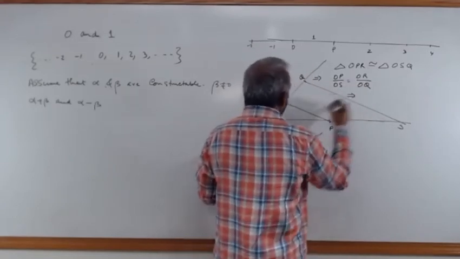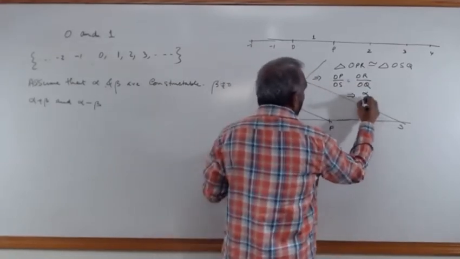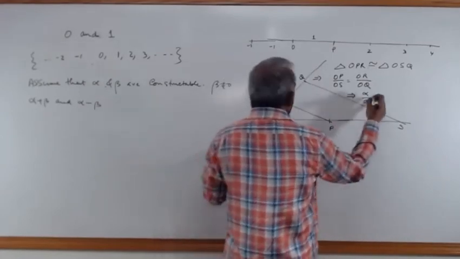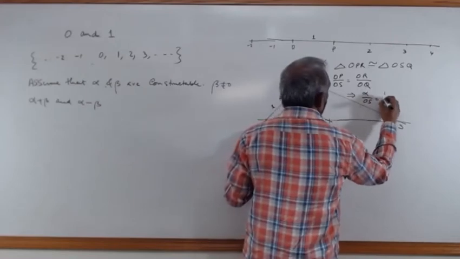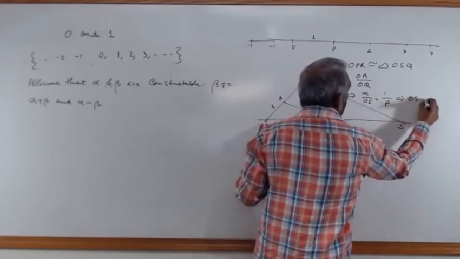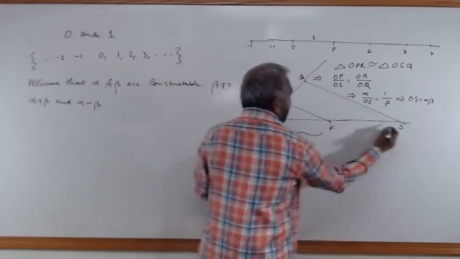And that means OP is what? Alpha. OS we don't know. OR is 1, by beta, implies OS equal to alpha beta. So this is actually alpha beta.